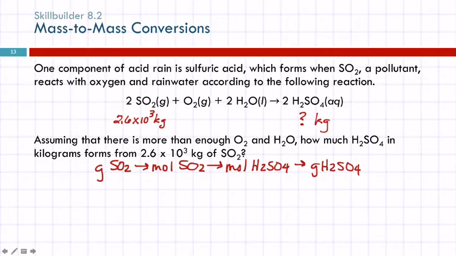But we have kilograms. Can we convert grams to kilograms? Yeah. So we could take grams of H2SO4 and just add a step on here and convert to kilograms of H2SO4. But we also had to start with kilograms, and so we could start with kilograms of SO2 and convert to grams of SO2. You okay with that? Seems like a mean trick, doesn't it?